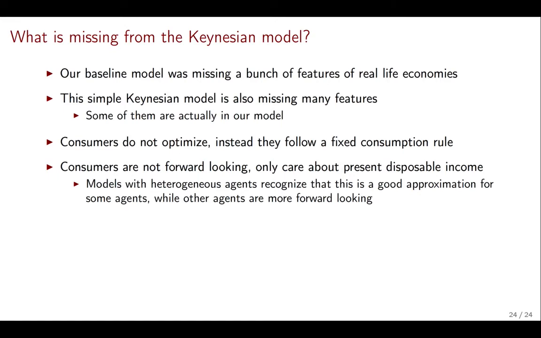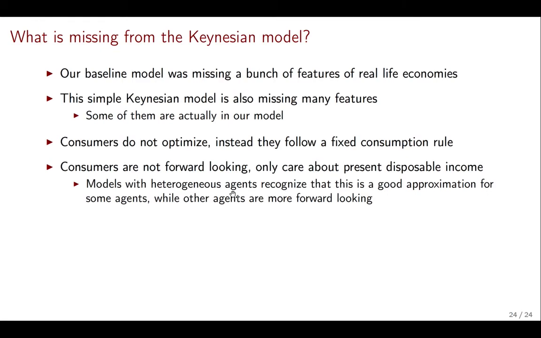In this economy, we're acting as if all the agents were borrowing constrained, as if all the agents only care about present consumption and present income, and they weren't thinking forward about what's going to happen in the future. Now, the reality is neither the previous model where everybody was thinking forward, nor this model where everybody is just living in the present.